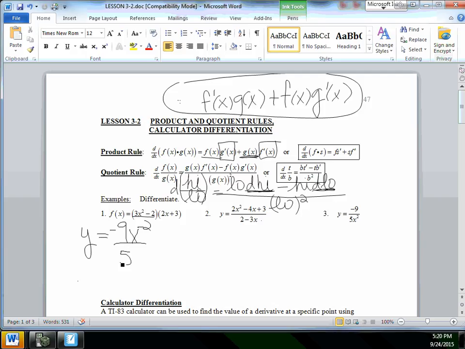Now we're just back to the easy power rule. Bring the negative in front, so we get y prime equals 18/5 x to the negative 3. There's the derivative. You could do the quotient rule if you would like, by doing your low d high minus high d low over low squared, but it's a lot more work, but you could.